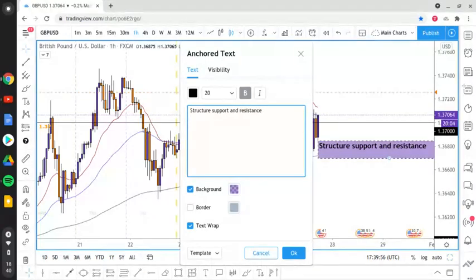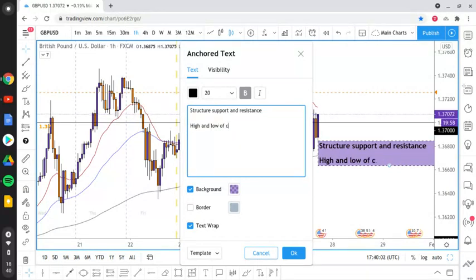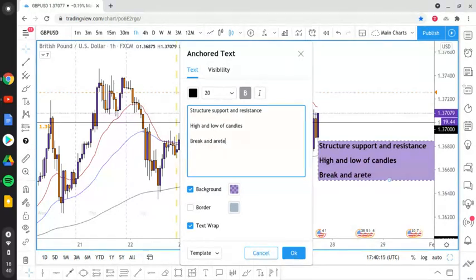There is high and low of candles, especially the 1 hour, 4 hour, and daily, which for my particular way of trading are particularly important. Break and retest areas are also a great key level whenever price is trending and in momentum.